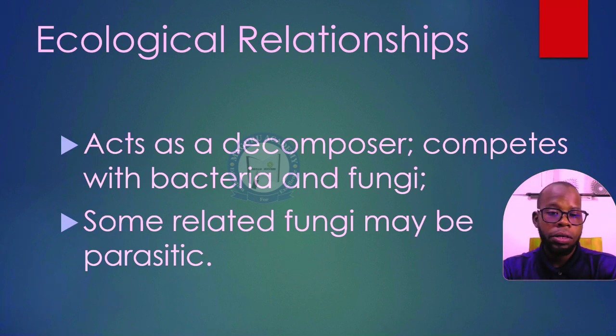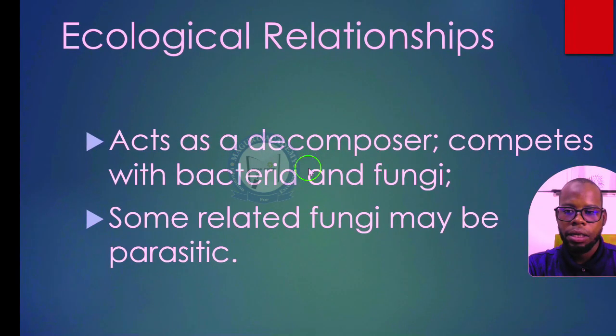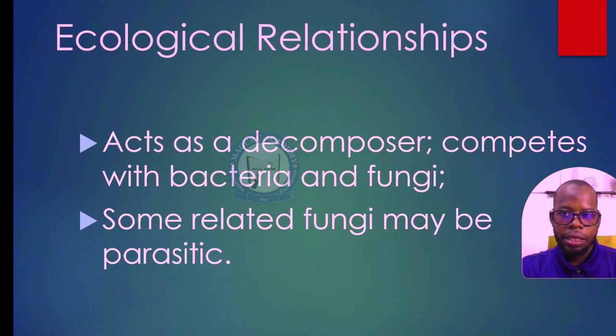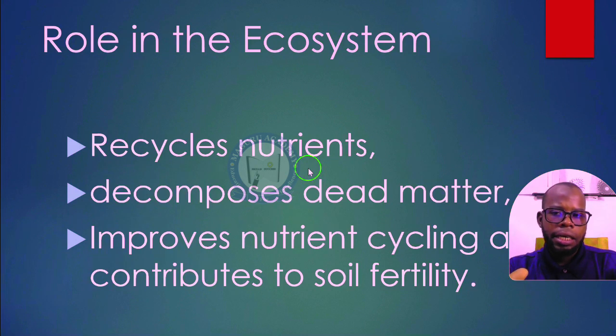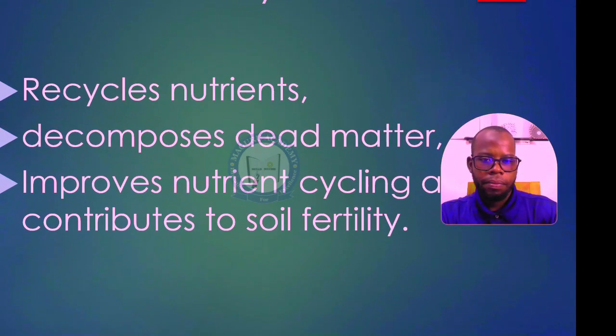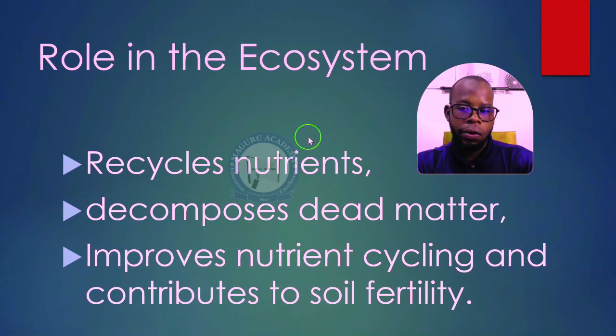Bread mold always grows on food, on fruits, on other dead material, and can parasitize those organisms to get nutrients. So it acts as a decomposer and a parasite. That is the ecological relationship.